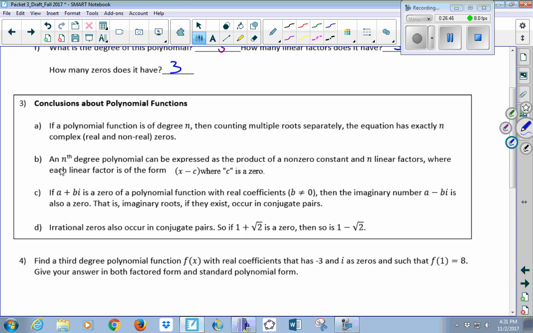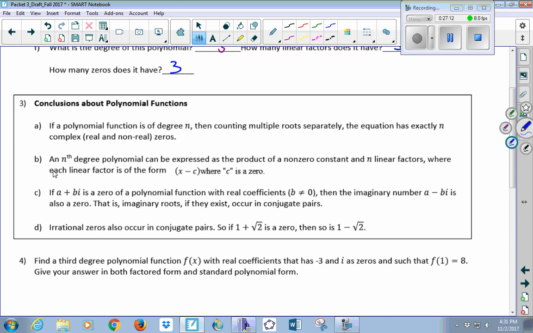That's real and non-real. If you recall, when we first started talking about polynomial functions, we said at most n real zeros. We had to use at most because we were only talking about real zeros. But now that we can talk about complex imaginary zeros, we can say it will always have exactly the same number of zeros as the degree of the polynomial.